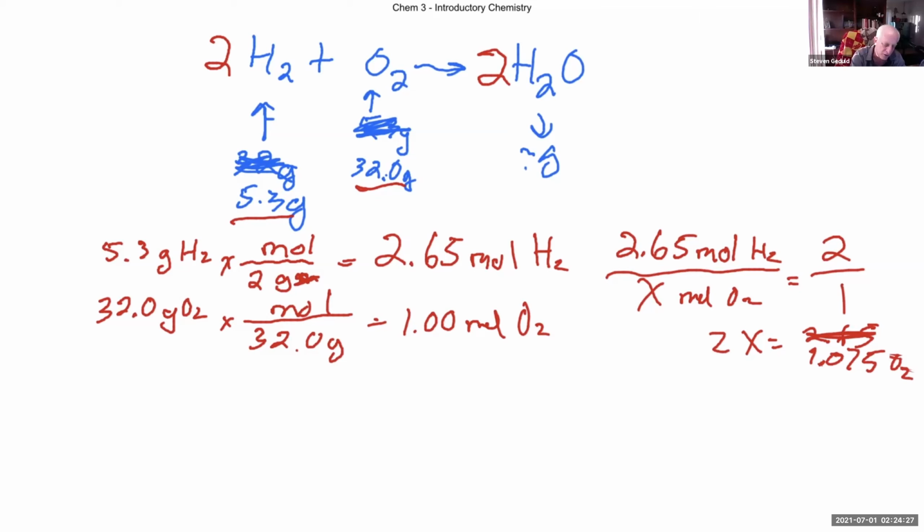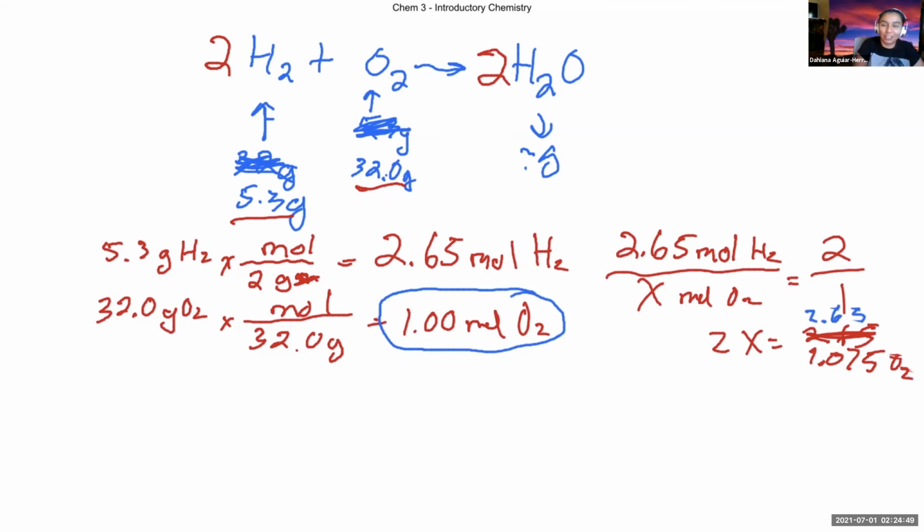How many moles of oxygen do I have? 1.00. Someone is confused about where the 2.15 is coming from. 2x equals 2.65.